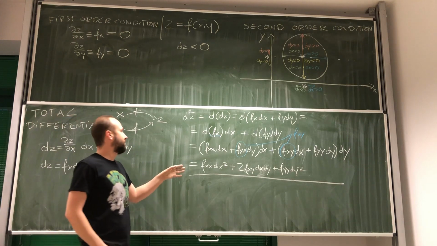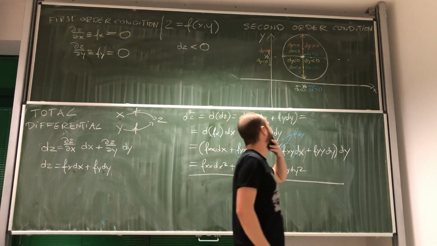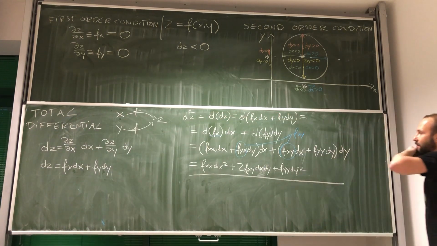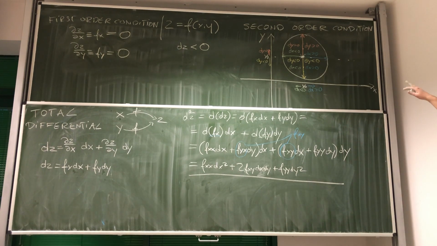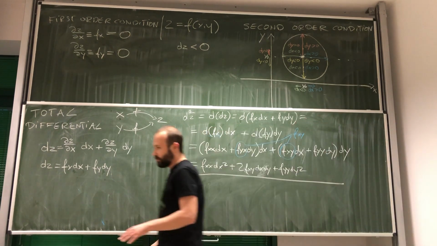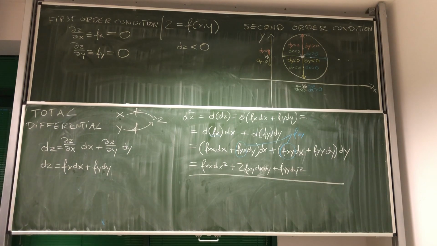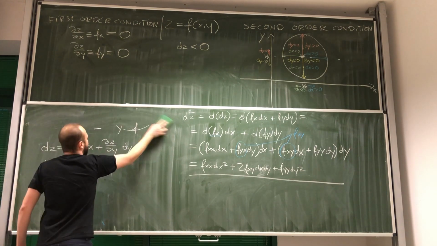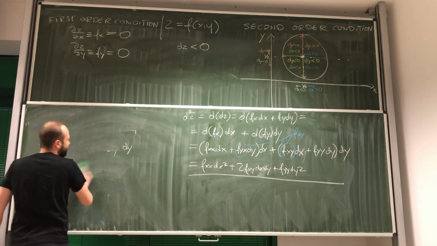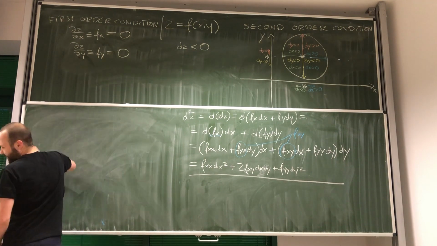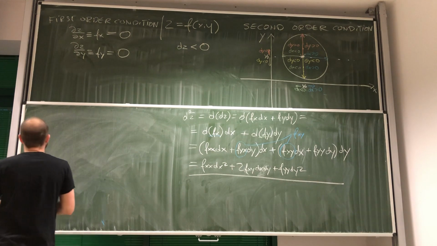Because this expression is an expression for a second differential of z, we can actually use it to measure what is happening to z around the point where we have either a maximum or a minimum. And now, knowing this, we can formulate the second order condition. In this case we're going to do just a sufficient condition. We're not going to be dealing with more complicated cases, so this is enough.